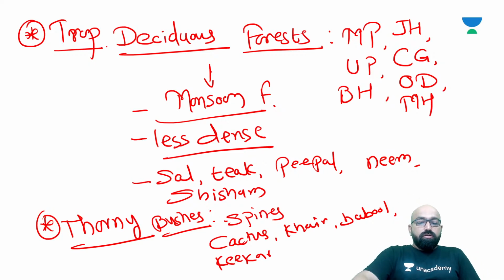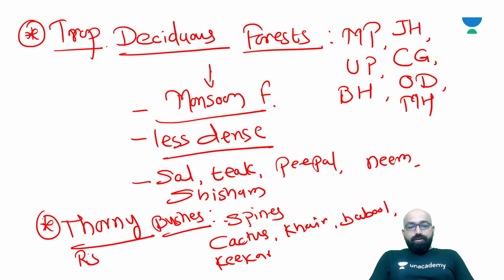Now, these thorny bushes are found in the states of Rajasthan, Punjab, Haryana, and the eastern slope of the Western Ghats and Gujarat.